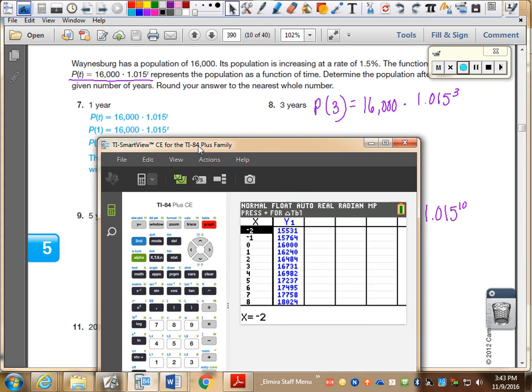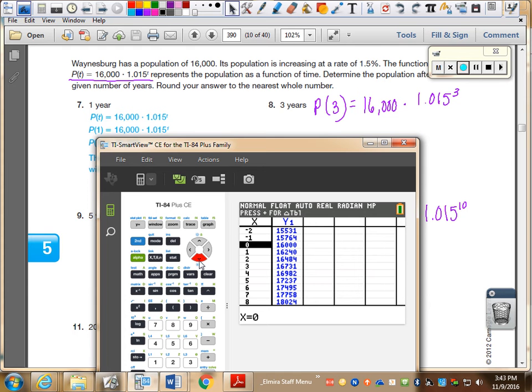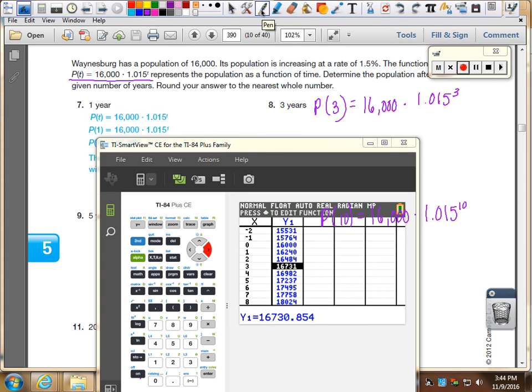So that wants 3. Okay, again, be careful. In this case, we want the nearest whole number anyway, but remember there's decimals, 16,371. And then I would just look for the 10 and all these other numbers that it wants, and just fill in the answers from there.